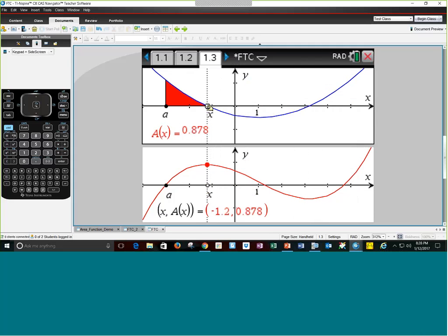Well, gosh, the lower function, its maximum value is about right there, and that occurs when the original function is 0. And we're thinking, okay, let's talk back about critical numbers, and wow, when the critical number is 0, the function we're dealing with has a maximum.